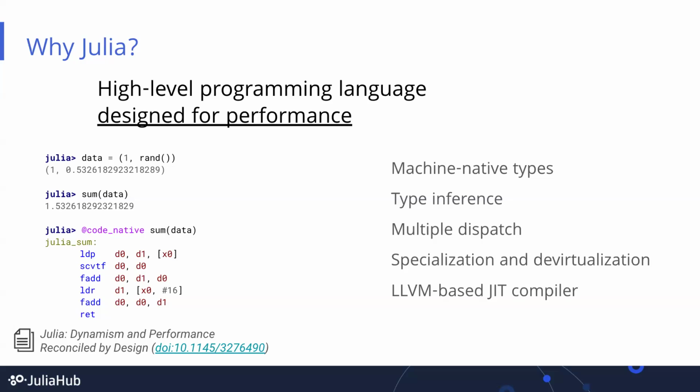And I want to emphasize that this is not a given. This is because the language has always been designed with performance and compilation in mind. There are many more details in this paper that has been written by Jeff, but a handful of crucial details here. Julia uses machine native types, so we don't default to big integers or arbitrary precision numbers. We use things that the machine can represent.